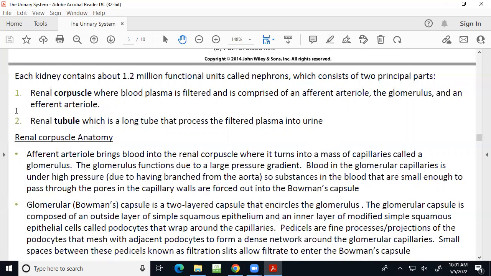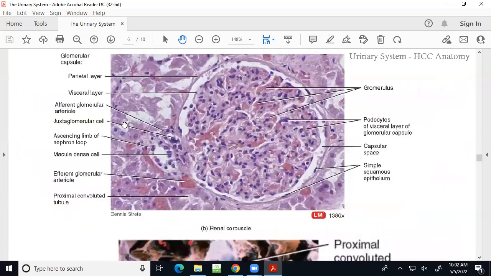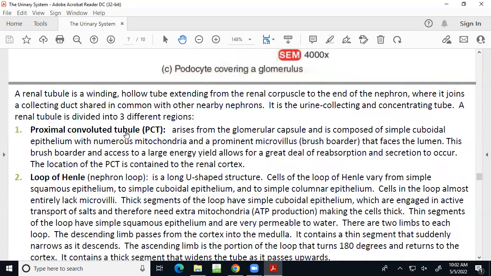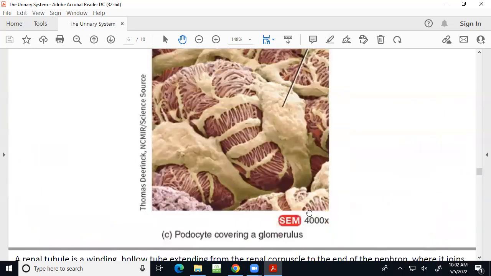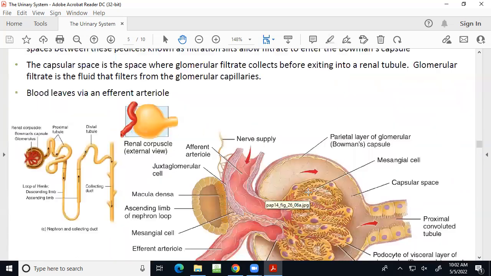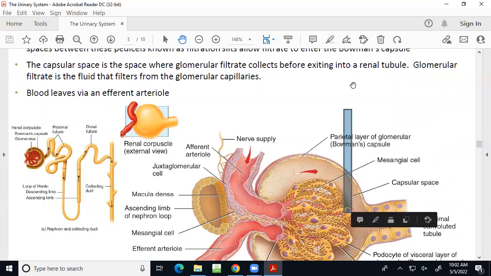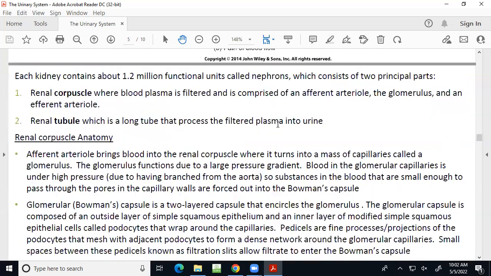All of our nephrons contain two principal parts: a renal corpuscle, which is what we'll talk more about on this page, and then on the next page, which I'm actually jumping ahead to, the renal tubule, a long winding tubule with several parts, and we'll get into all of that. But let's first talk about the renal corpuscle, which is where we filter our blood plasma and form the precursor to urine, what we call filtrate.